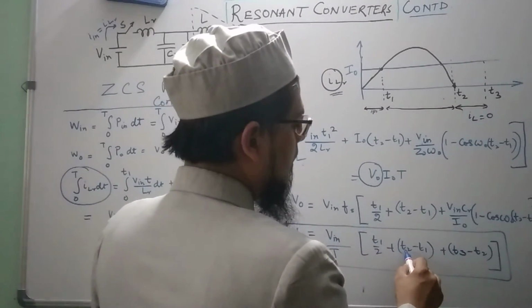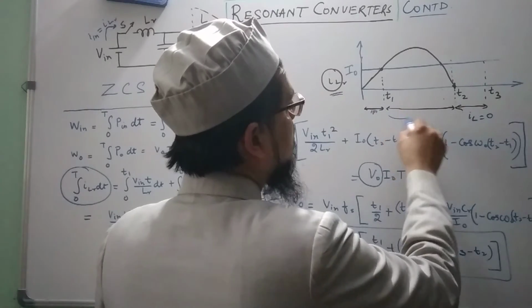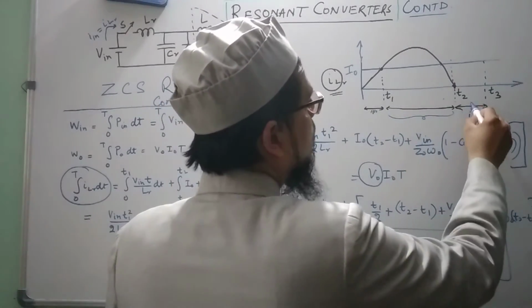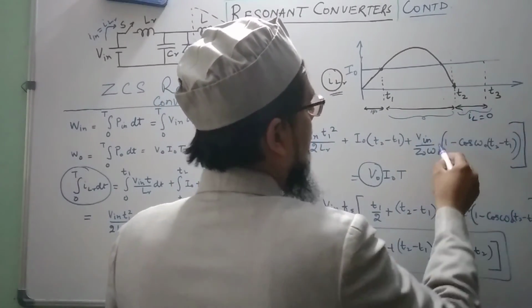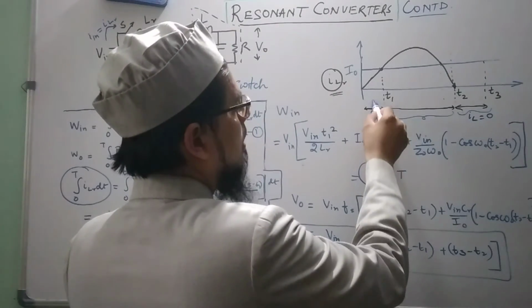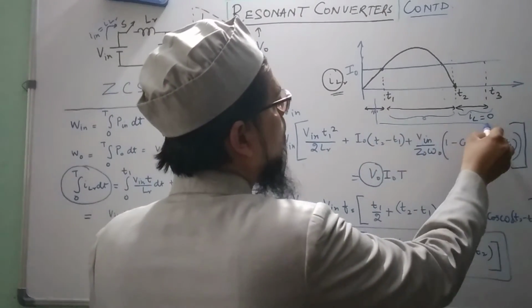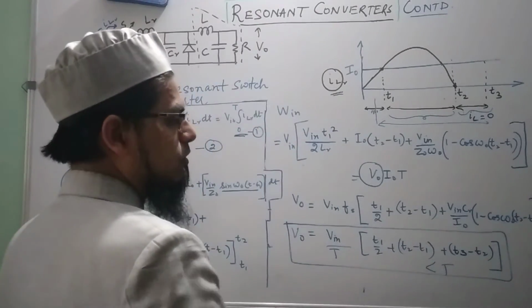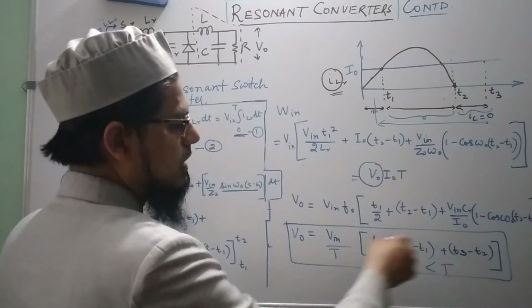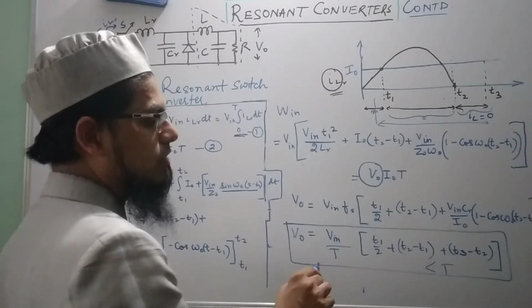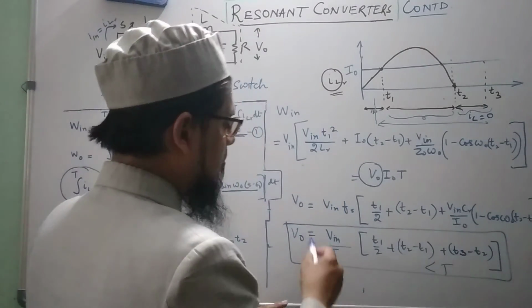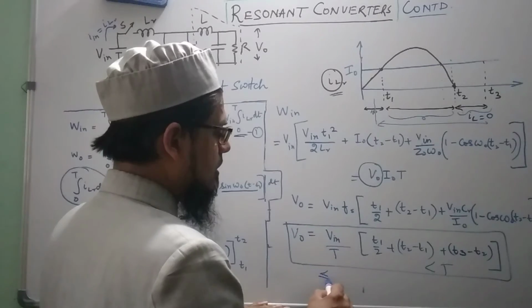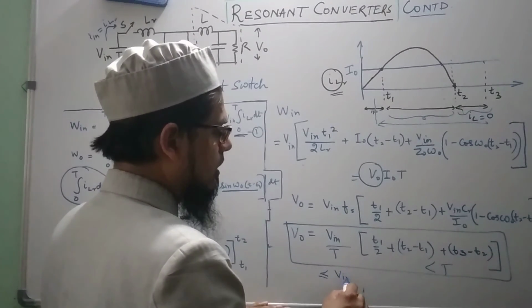And this term T2 minus T1 is this, and T3 minus T2 is this, and T1 by 2 is half of this. So this value is definitely going to be less than capital T. So something which is less than capital T divided by T, capital T will give you a value less than 1. So that means V naught is always less than equal to V in.